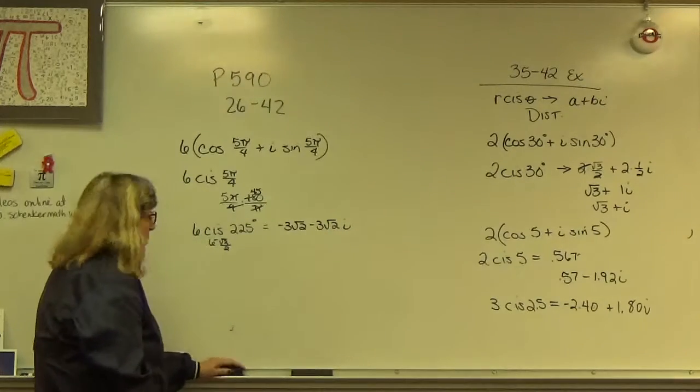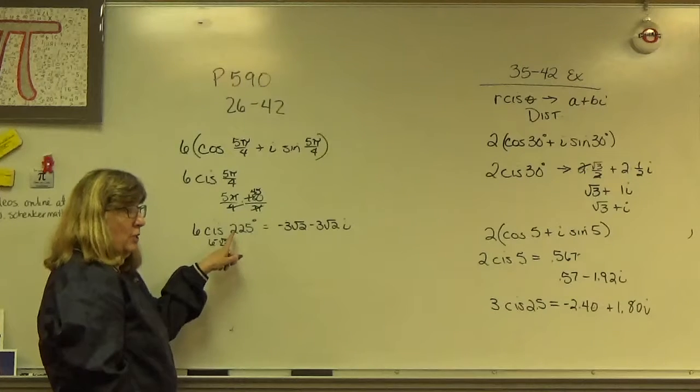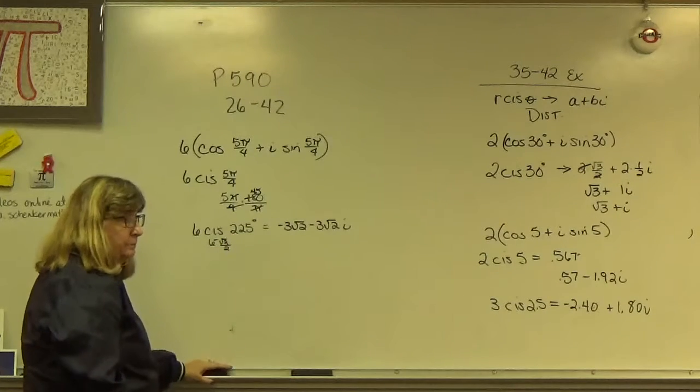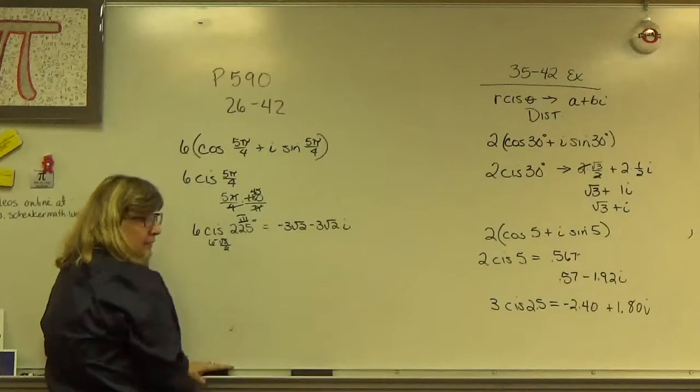How are you getting 45 degrees? 225, the reference angle is 45 degrees, because you subtract 180. Remember when you did that? And it's in the third quadrant, so that makes it negative.